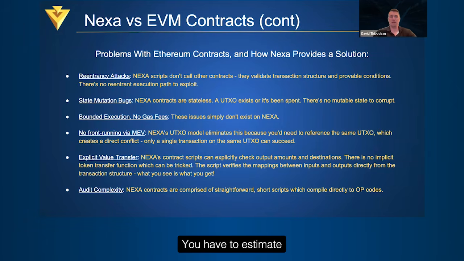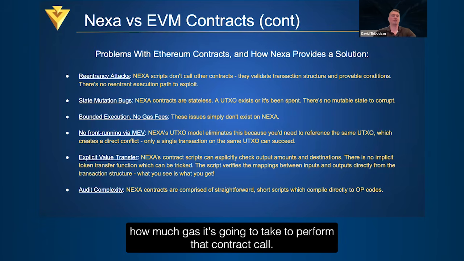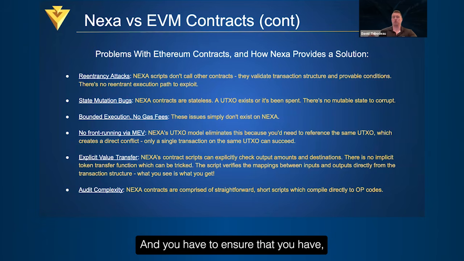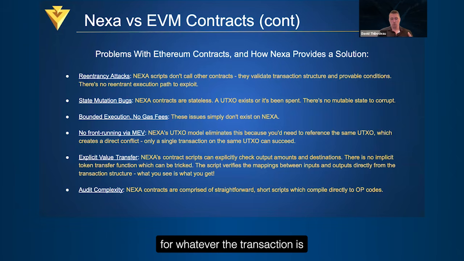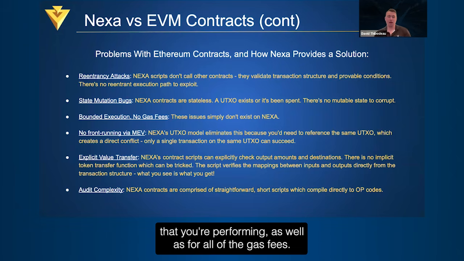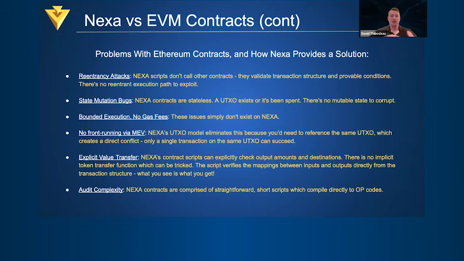You have to estimate how much gas it's going to take to perform that contract call, and you have to ensure that you have enough coins attached to that transaction for whatever the transaction is that you're performing, as well as for all of the gas fees.